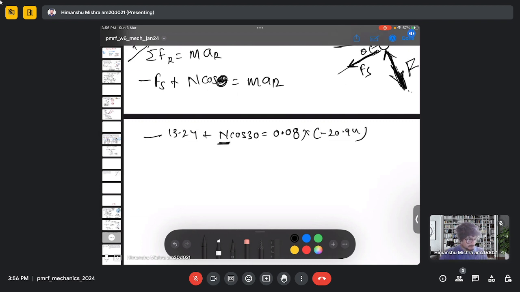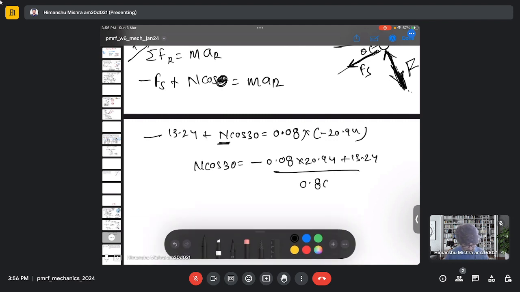From this equation we can calculate this normal reaction. So it is actually 13.3 Newton.